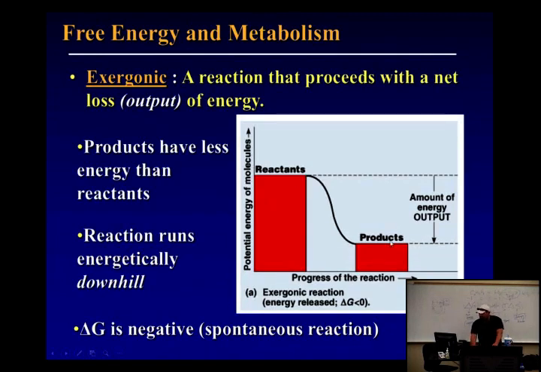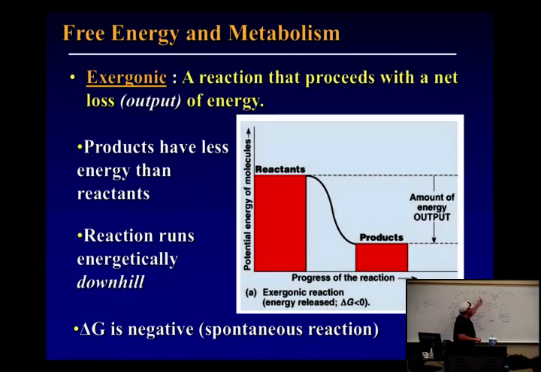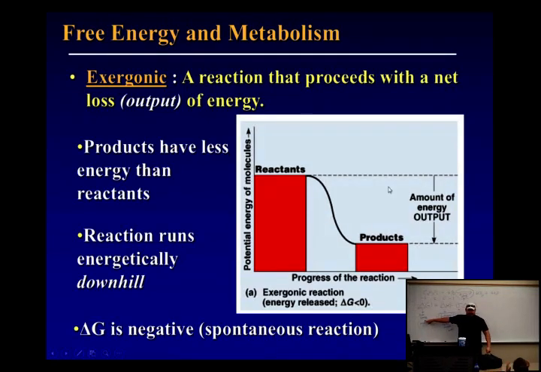So if this has more energy than that, where does the energy go? It has to go somewhere else, right? It has to go out of the reaction. In this case, it goes out and into ATP. The difference between these two, the energy available in the reaction, is the free energy.